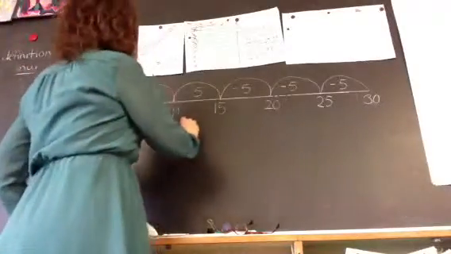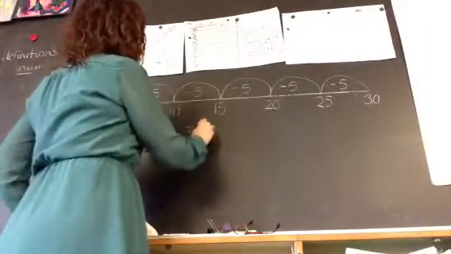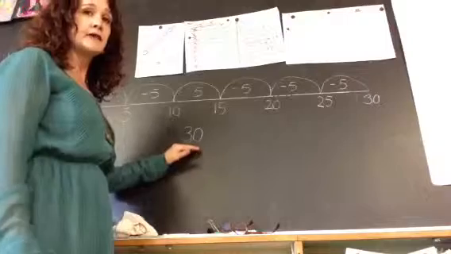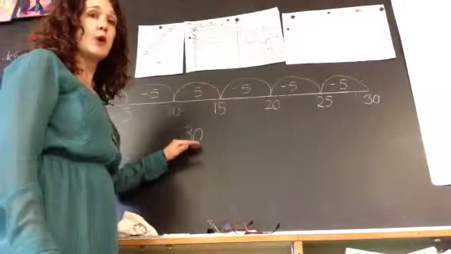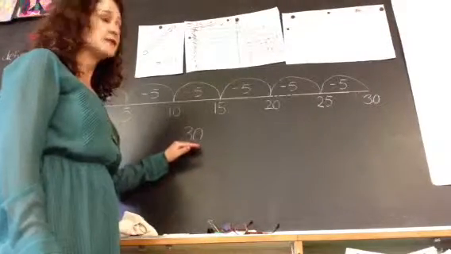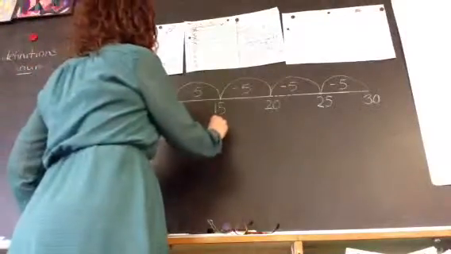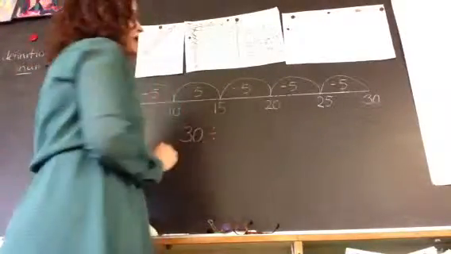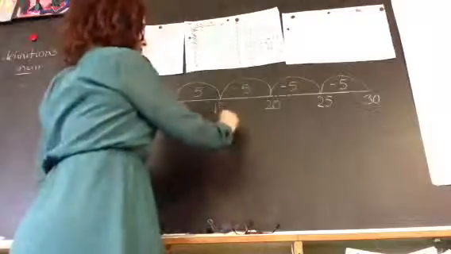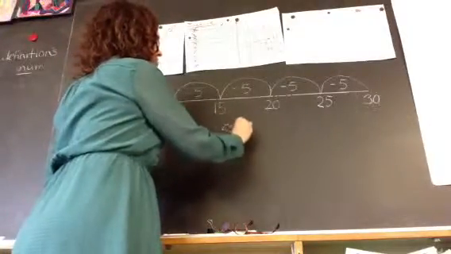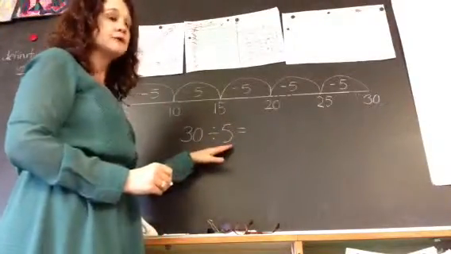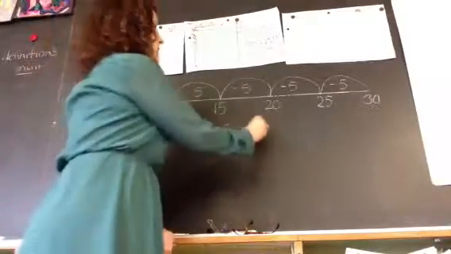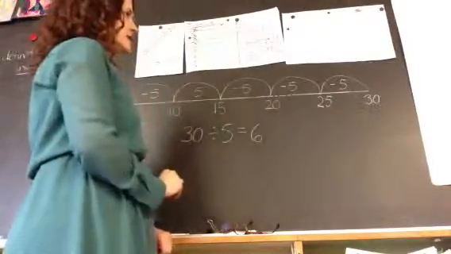So I'm going to write my equation. Remember, I have to start with my whole amount, which is the biggest number in division, first. I'm going to divide by 5. I was taking away 5 each time, and I was able to make 6 groups of 5.